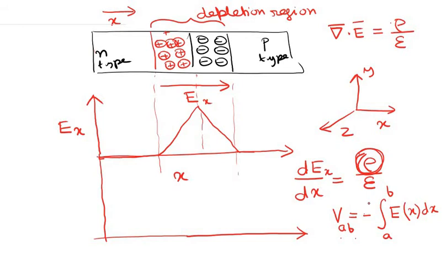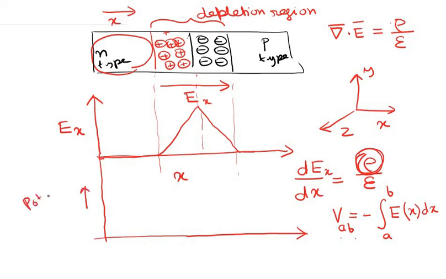The potential or energy seen by the electrons is the opposite of the actual potential. So if we consider the energy of the electrons, taking it to be 0 in this n side, energy here means potential energy. So let me write it here for clarification.